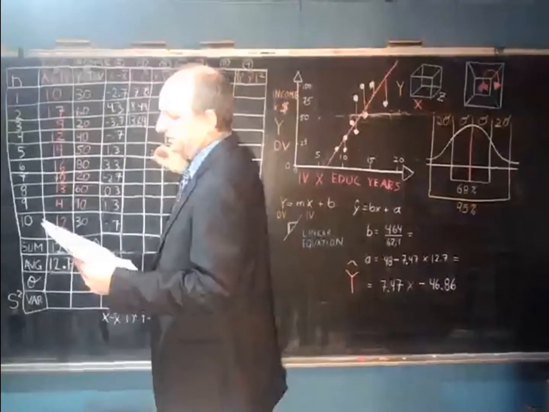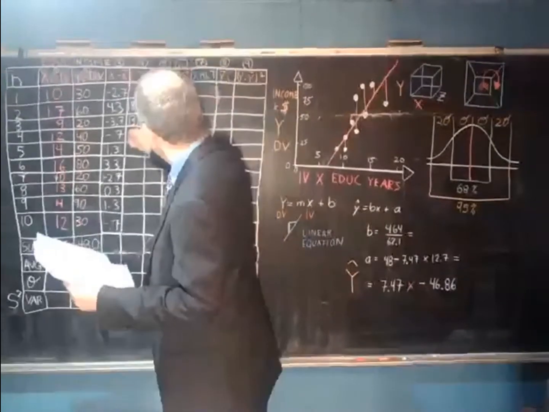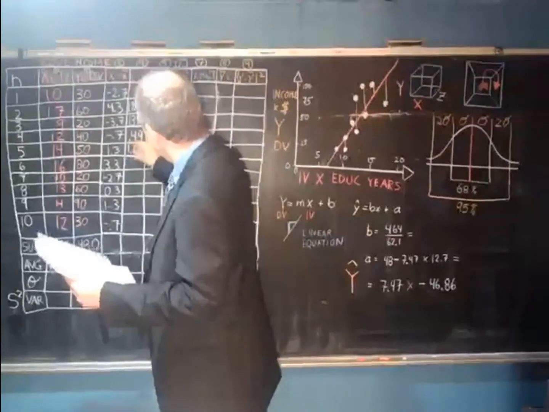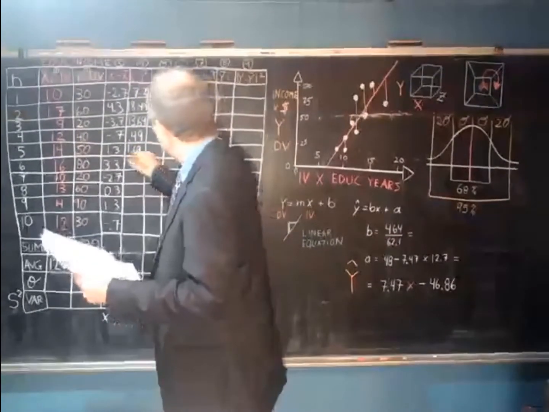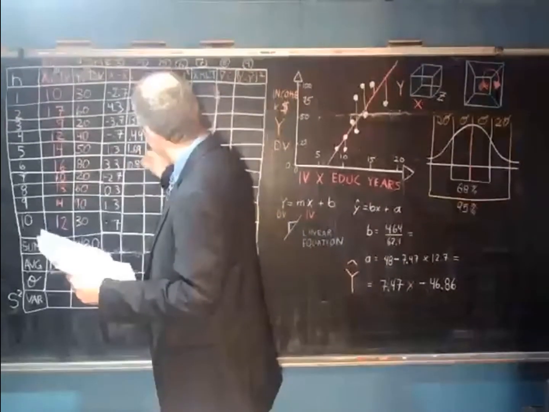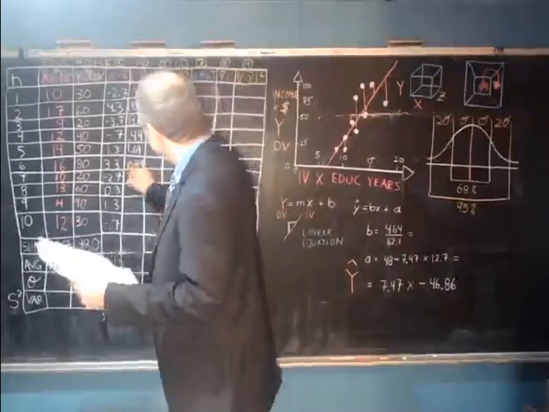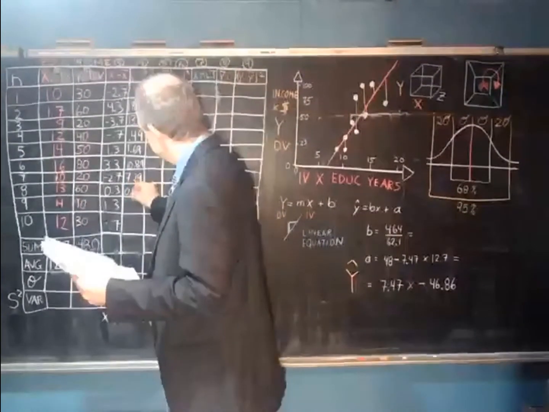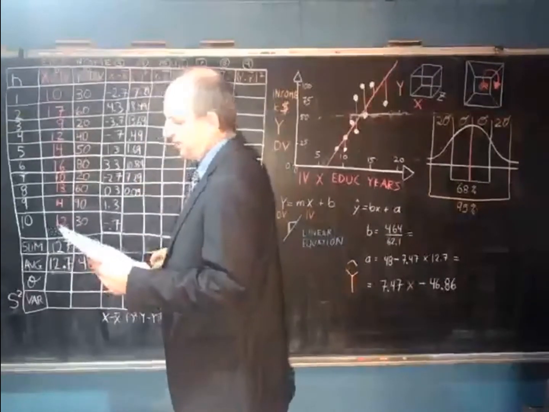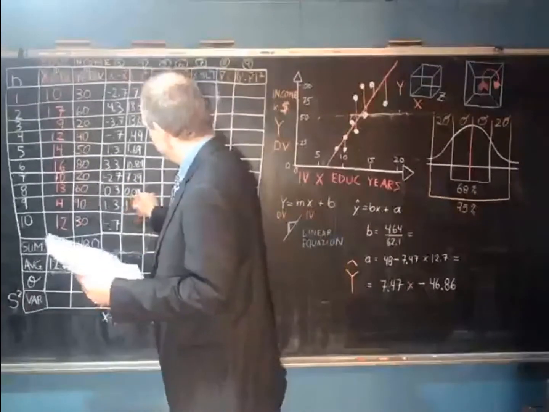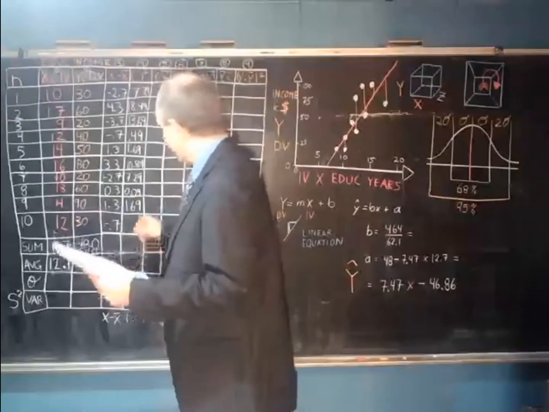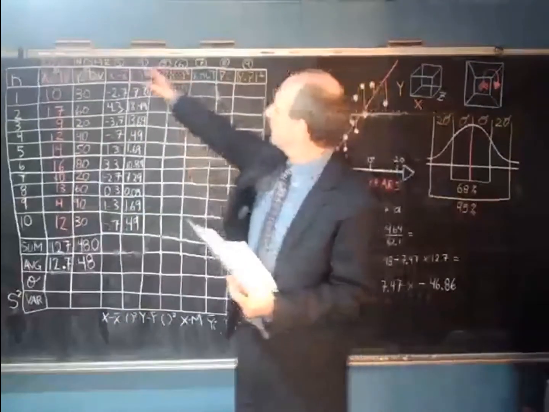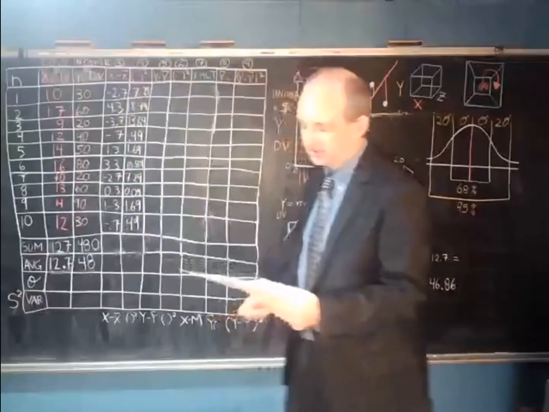Minus 0.7 times minus 0.7 will be 0.49. 1.3 times 1.3 will be 1.69. 3.3 squared will be 10.89. Minus 2.7 times minus 2.7 will be 7.29. 0.3 times 0.3 will be 0.09. 1.3 times 1.3 will be 1.69, and minus 0.7 times minus 0.7 will be 0.49. Okay, so there we've calculated the squared values in column 4 of the calculations we did in column 3.